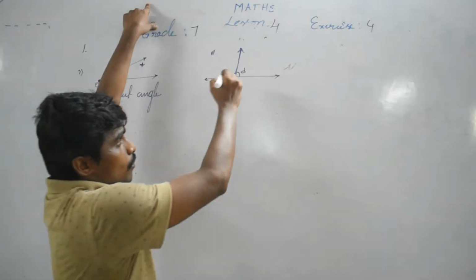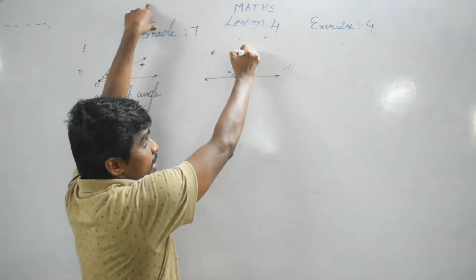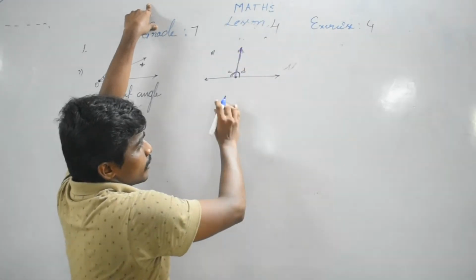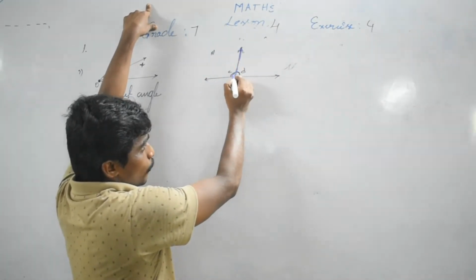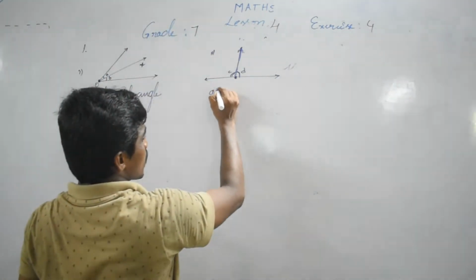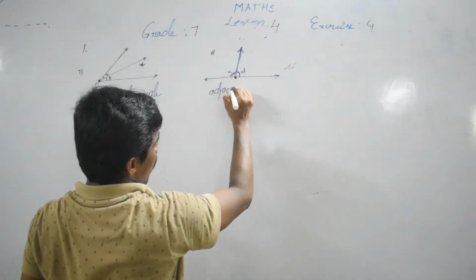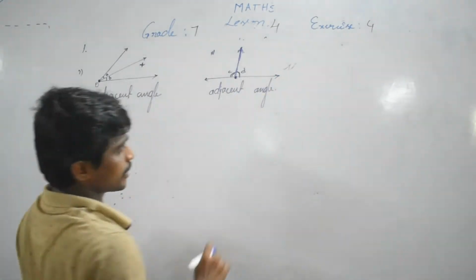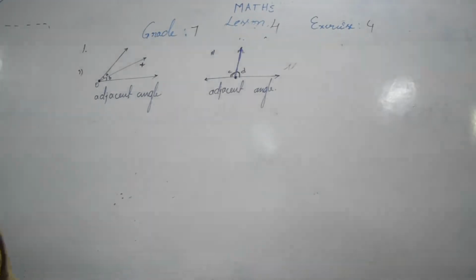So these angles share this ray, and both have one common vertex. So this is also an adjacent angle. Very good. Next one.